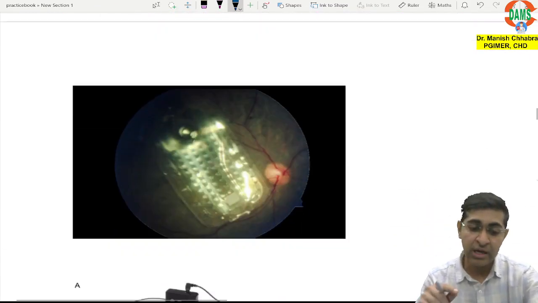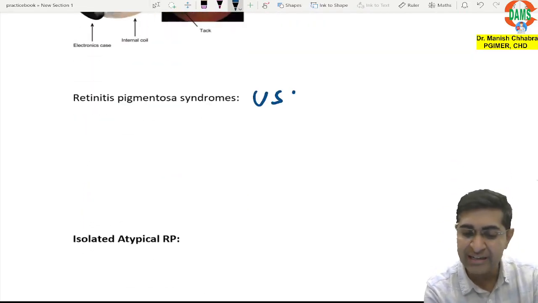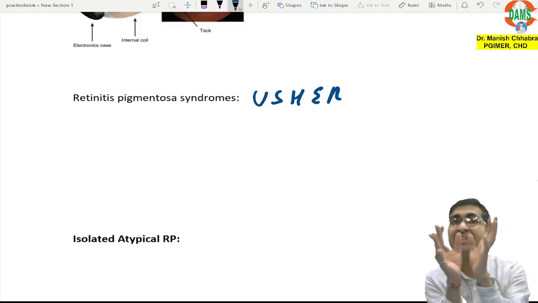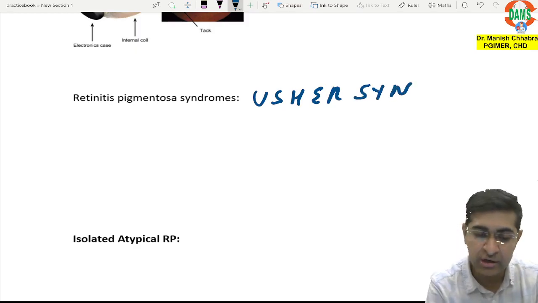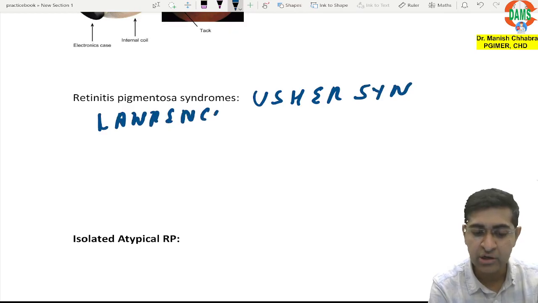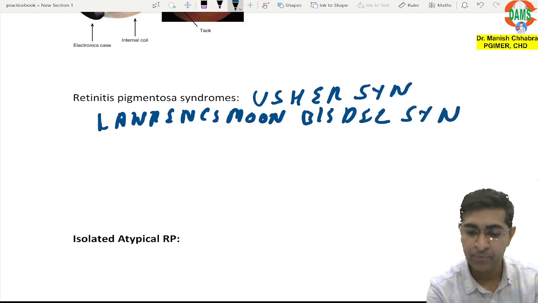Now, retinitis pigmentosa syndromes. There are different syndromes which may be associated with a retinitis pigmentosa-like picture. One is Usher syndrome, then Laurence-Moon-Bardet-Biedl syndrome.